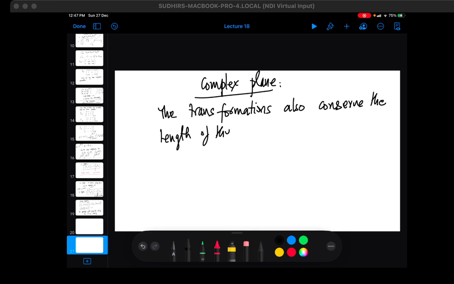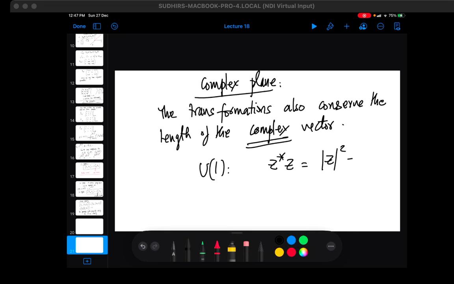But it's no longer a real vector, it is a complex vector. For U1, we saw that z star z, which is mod z squared, is equal to z prime star z prime. Okay, so this is what we have seen.